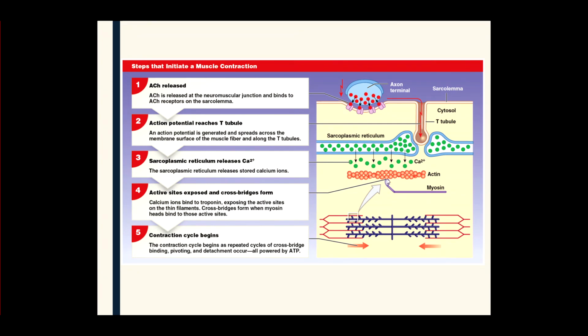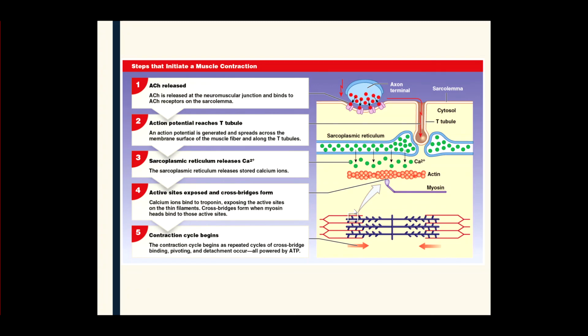Once the cross bridge happens, the myosin head will swivel, pulling the actin towards the center of the sarcomere. So all these actins are pulled to the center of the sarcomere. In a previous lesson, we called that the sliding filament theory. The actin slides over the myosin. So this is a good summary. It doesn't have a lot of detail, but it summarizes what happens.